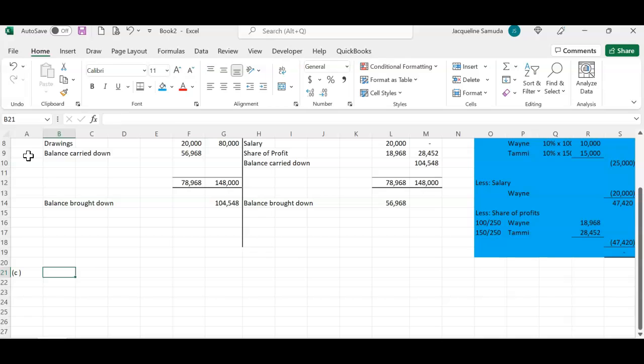All right, so again, we need to label the document. So I'm putting in Wayne and Tammi, and the name of the business is the Ivy Arrow.